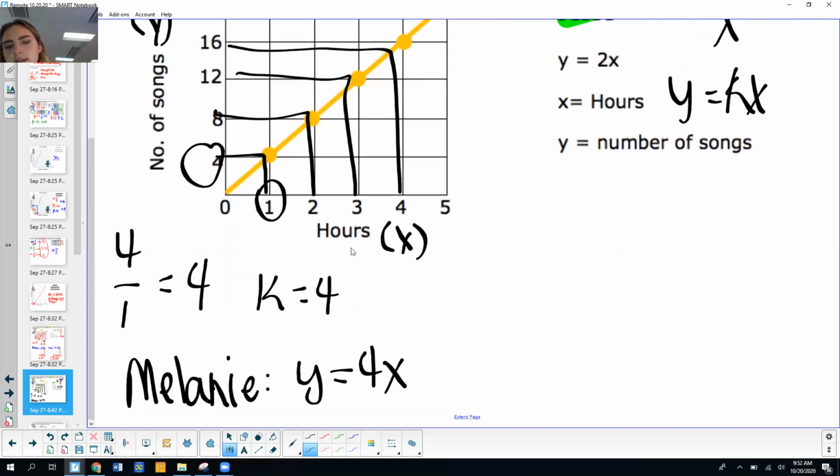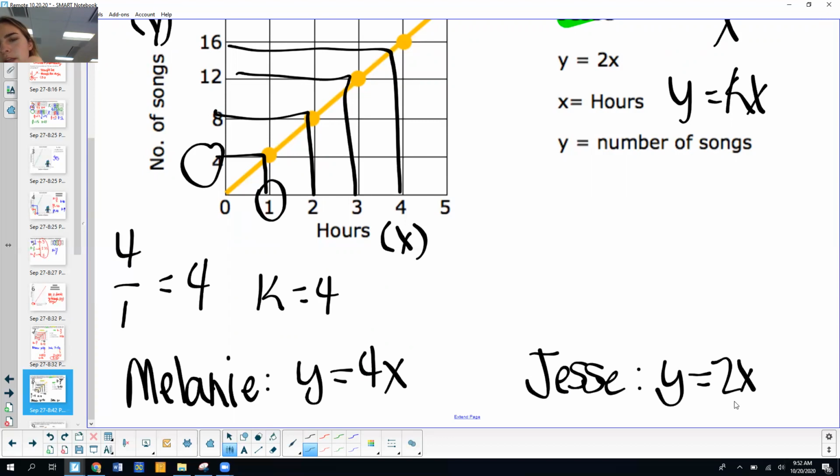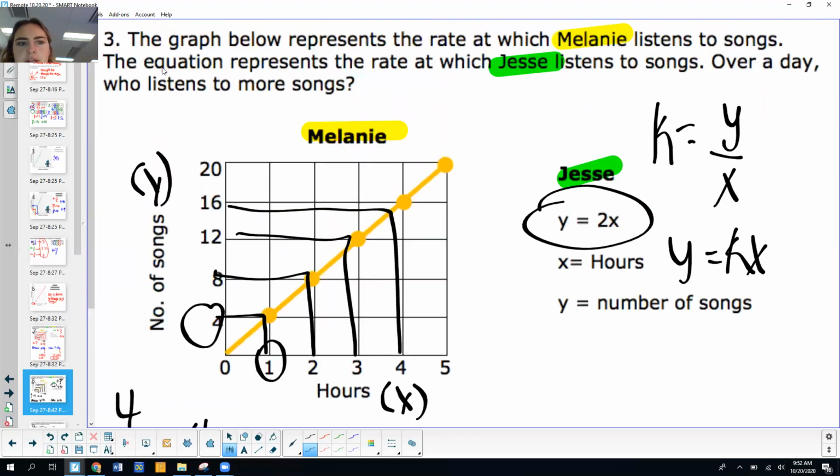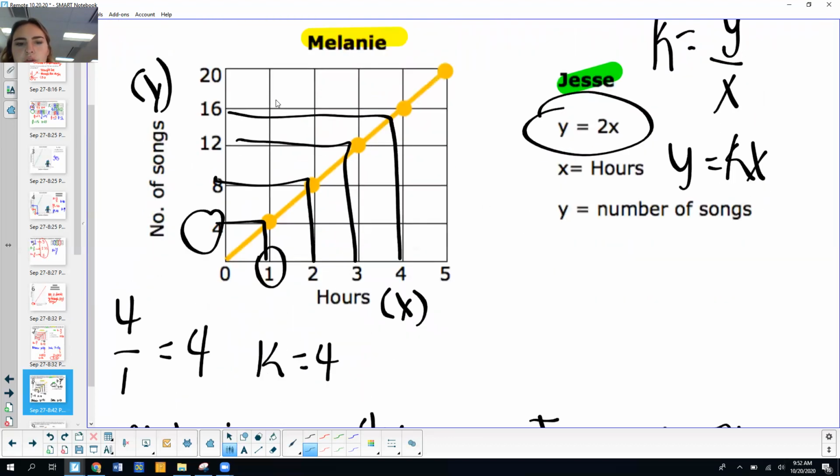The rate at which Jessie listens to songs is going to be y equals 2x, because they already gave that to us up here. So now we're going to compare these two. It says, over a day, who listens to more songs?